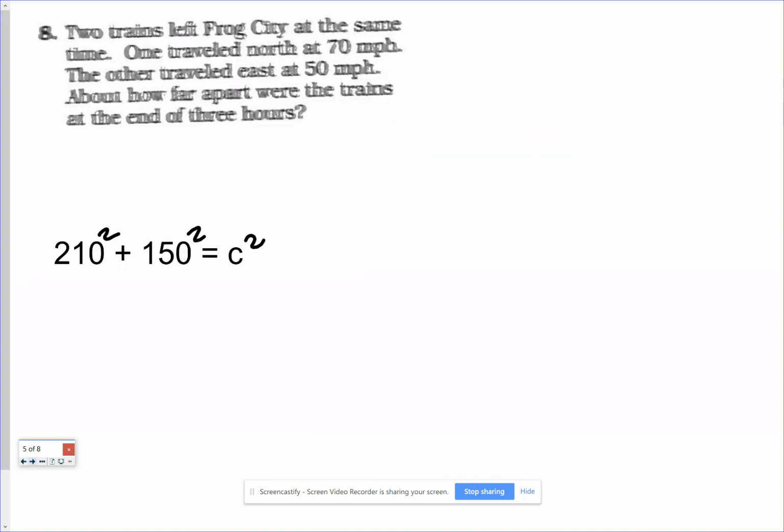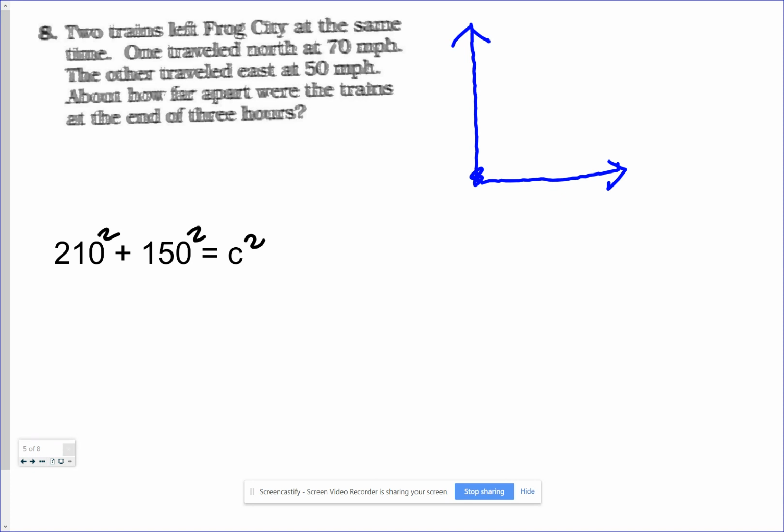All right, 2 trains left Frog City at the same time. All right, so let's say this dot here is Frog City. Now, the one train is traveling north, and on a map, usually north is going up, and the other one is traveling east, which we'll say is to the right, okay? The one that's traveling north is traveling at 70 miles per hour.